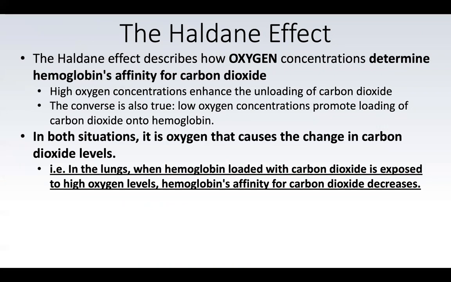So we've talked a lot about the interplay between the exchange of oxygen and carbon dioxide. We're going to explore that concept further, and it's known as the Haldane Effect. This concept describes how oxygen concentrations will determine hemoglobin's affinity for carbon dioxide.